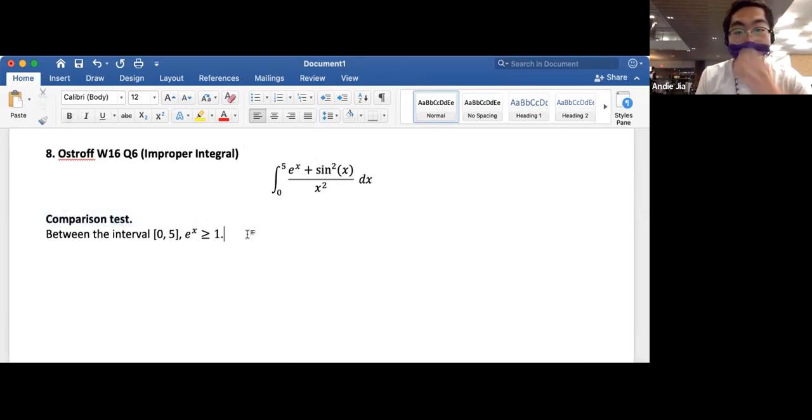Then it's always greater than 1. While this function, sine of x, is always positive, always greater than 0 on this interval.